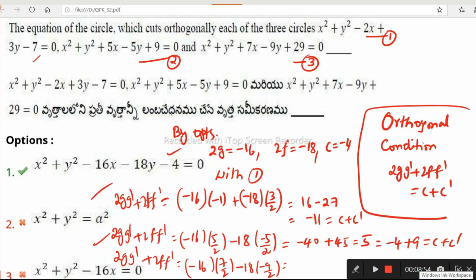This result is -56 plus 81. 25 ఉంది ఓకేనా. 25 అనేది మనకి c వచ్చేసరికి -4 ఉంది, c dash plus 29 ఉంది అంతే కదా. -4 plus 29 is 25. It is true c plus c dash, అంటే 3 కండిషన్స్ ట్రూ అయిన ఆప్షన్ ఓన్లీ మన ఫస్ట్ ఆప్షన్ రైట్.